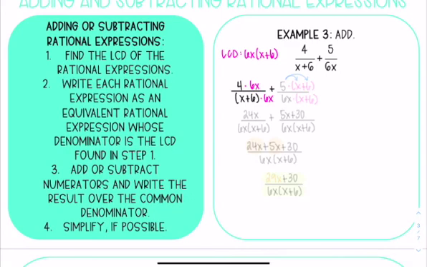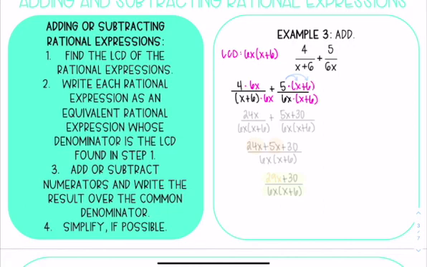We're going to do something similar with the other term. We need to look at what's written on the bottom, which is 6x, and see which piece is missing from the LCD. This time it's the x plus 6. And what I do on the bottom, I have to do on the top.